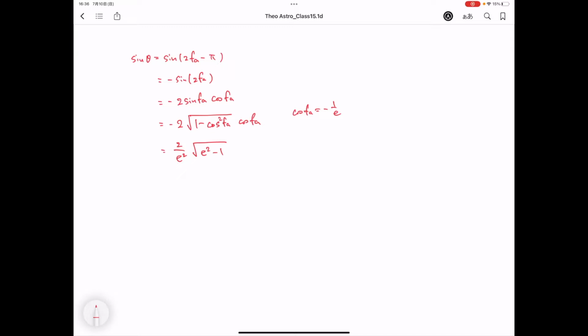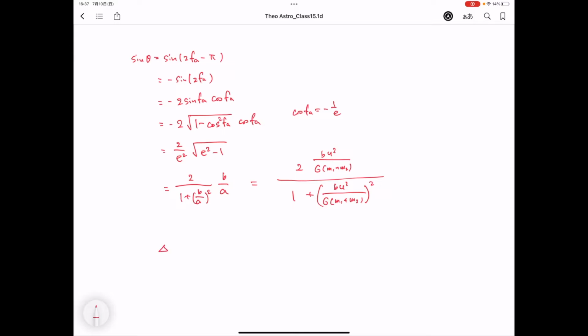Then you can substitute e. It becomes 2 over 1 plus b over a squared, times b over a. Then you can substitute a into this expression. It becomes 2 b u squared over G times m sub 1 plus m sub 2, over 1 plus b u squared over G times m sub 1 plus m sub 2, squared.